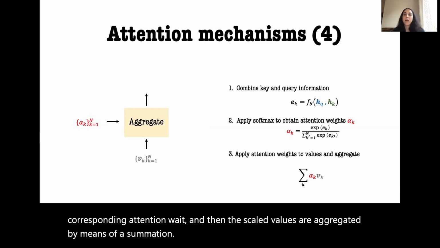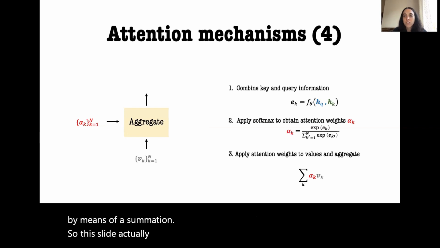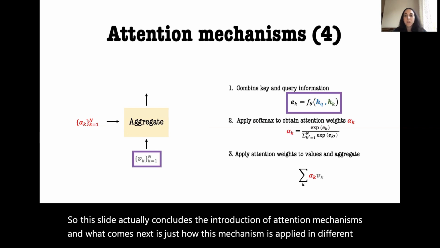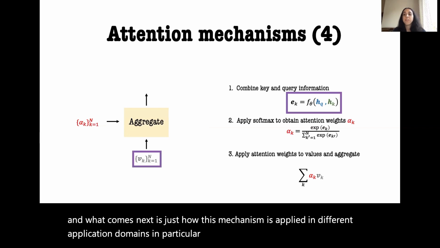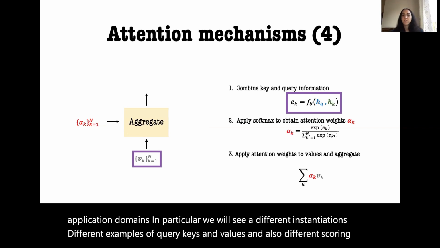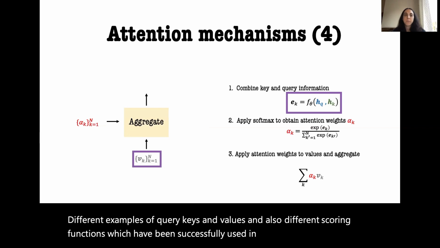This slide actually concludes the introduction of attention mechanisms, and what comes next is just how this mechanism is applied in different application domains. In particular, we will see different instantiations, different examples of query, keys and values, and also different scoring functions, which have been successfully used in the literature in different tasks.